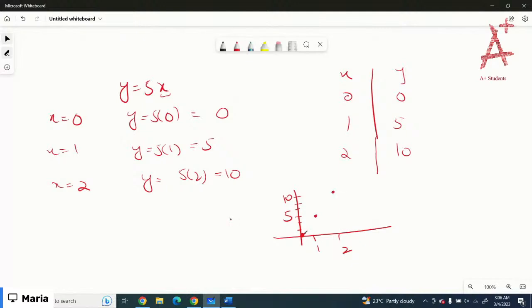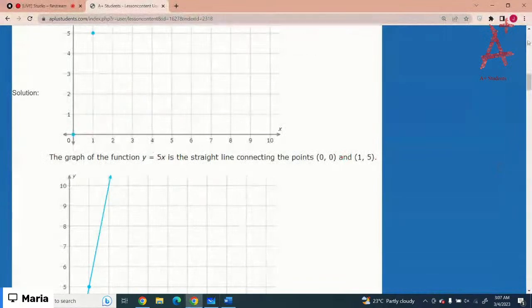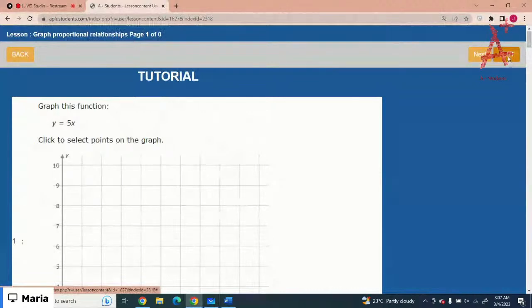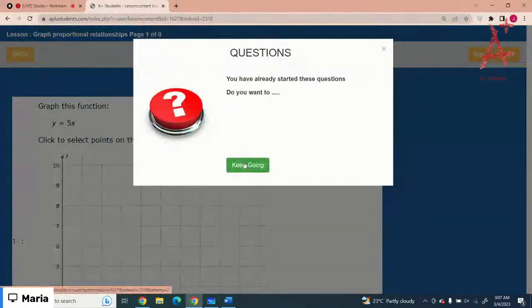So just join these, make a line that joins these points, and that is the graph for the equation y equals 5x. That's how you have to graph the equation. Just substitute different values of x and make a table for the values of x and y. Got it? Let's just start with the test questions.